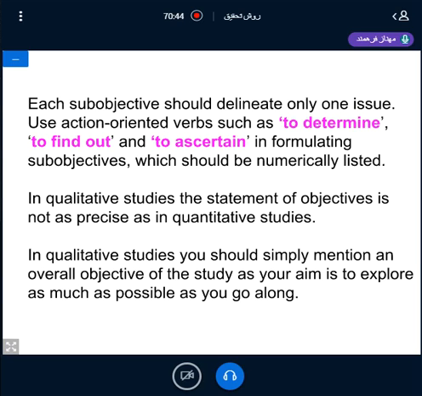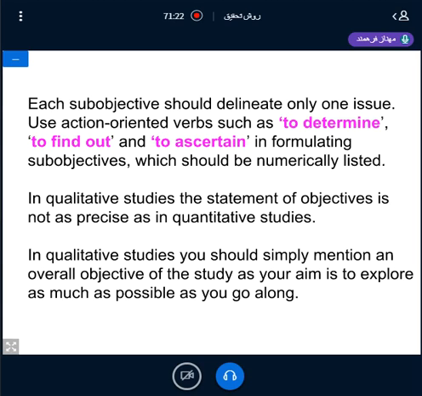Okay, each sub-objective should delimit only one issue. Use action-oriented verbs such as to determine. You must use these verbs for explaining the sub-objectives, such as to determine, to find out, or to ascertain.